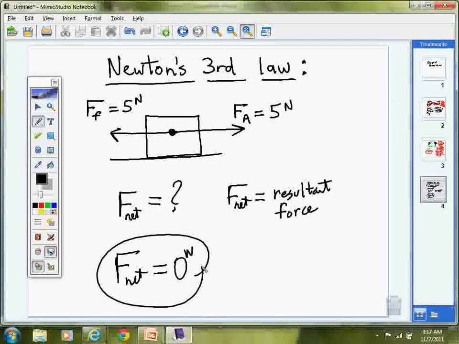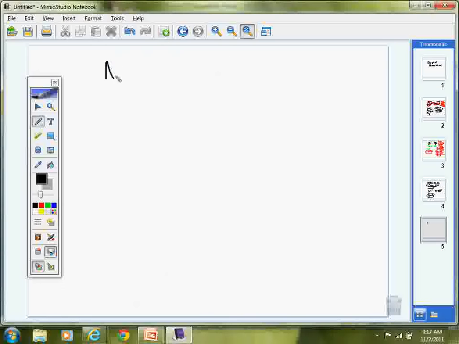Well, with Newton's third law, law number 3 from a man named Newton.